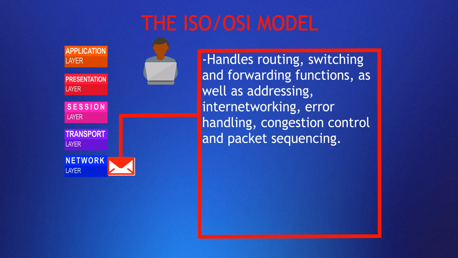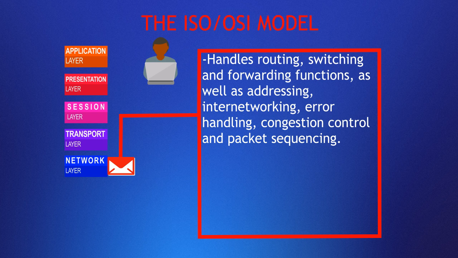That is, deciding the actual path which the message is going to take across the internet. The second one is it is responsible for handling packet switching. The third responsibility of the network layer is to handle network congestion. That is, deciding the path which the packet will take which is less congested.